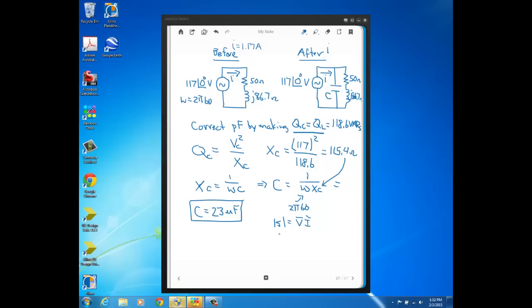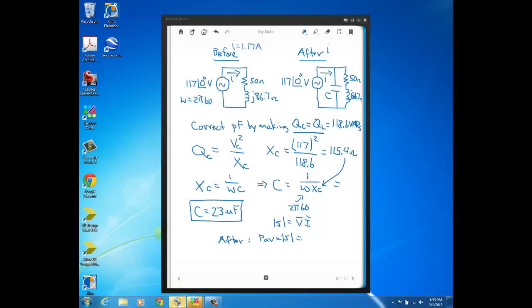And once the power factor is corrected, the apparent power is just equal to P average. Okay, so this is after the power factor is corrected, because we made the angle of the power triangle 0, the hypotenuse, the apparent power, equals the adjacent side, P average.